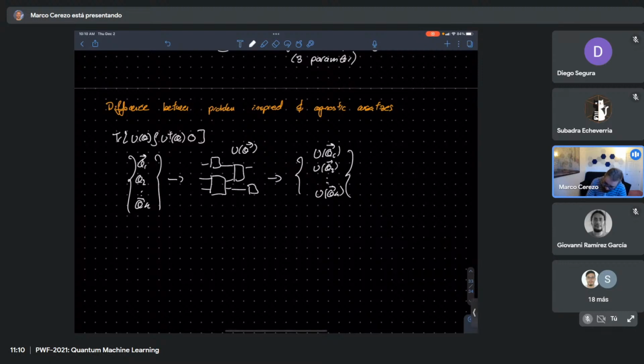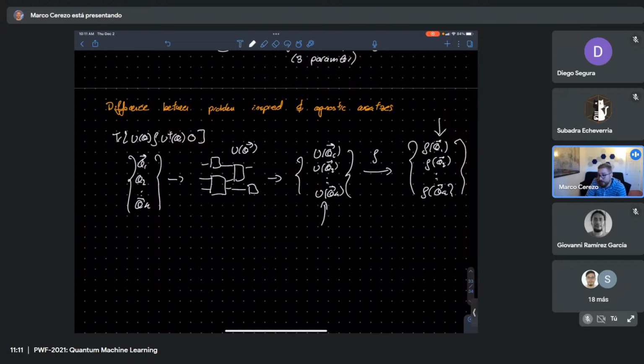And then we're going to apply those U's to our state rho, and we're going to get a collection of states rho of theta in the Hilbert space. So many times what we're interested in is to see if one of those states is going to correspond to the solution of my problem, which in turn means whether there is a unitary that maps my original state to the solution of my problem.